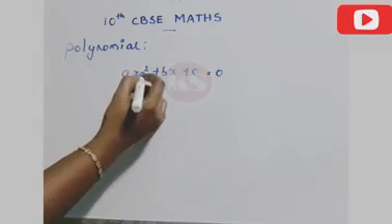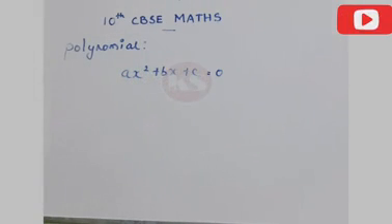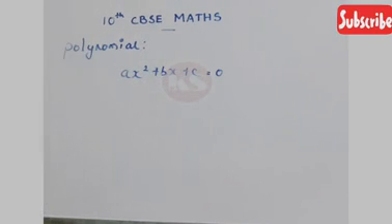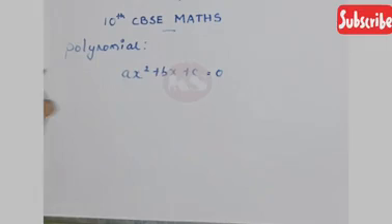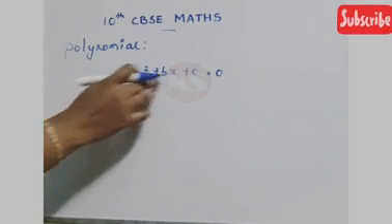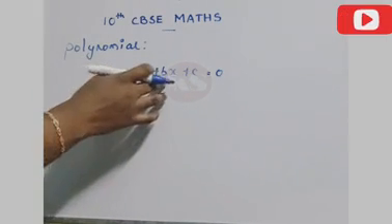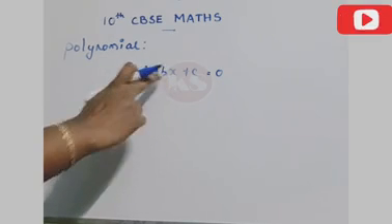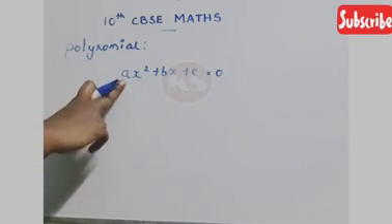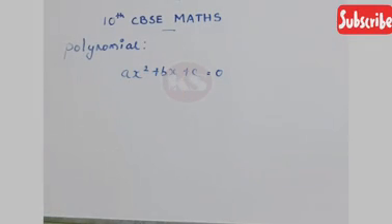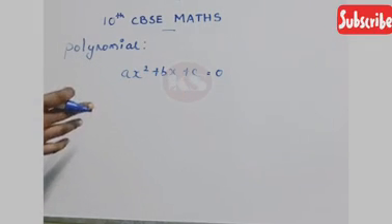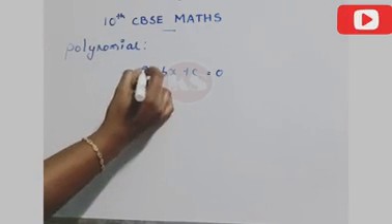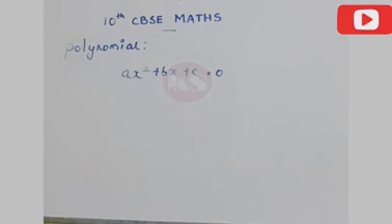In this, look at what is the highest power of x. This is a constant, x is the variable, and these are the coefficients. This is the coefficient of x, this is the coefficient of x squared, this is the constant. So what is the highest power of x in this polynomial?